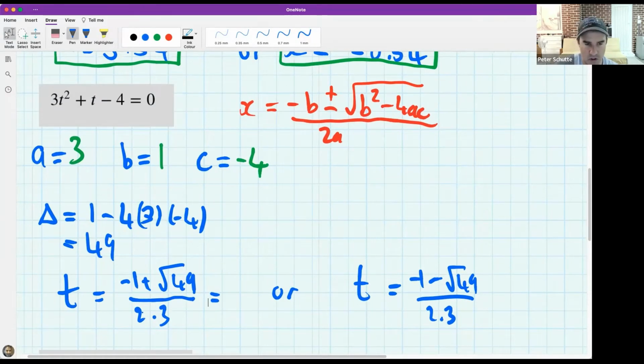Sometimes just using your calculator at this last bit is helpful. So the square root of 49 is just going to be 7. I get 1 as the one answer.